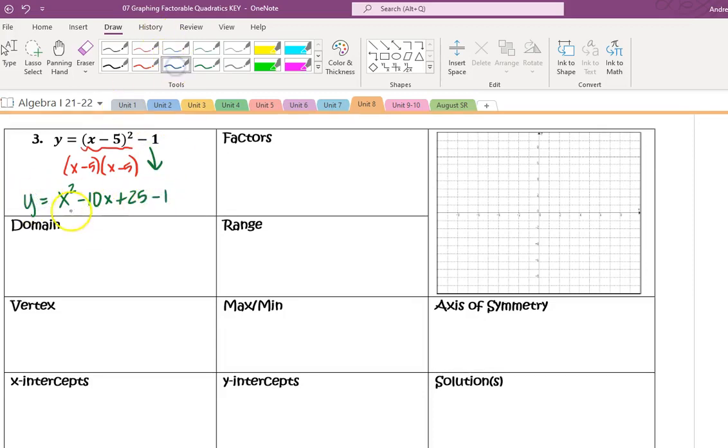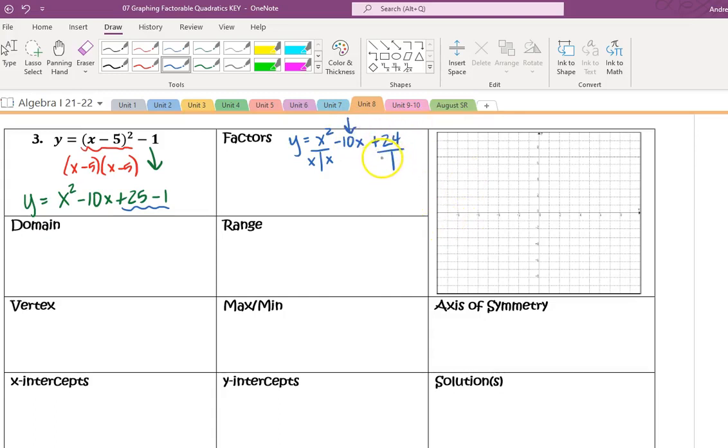Now if I want to factor this, I do need to combine these, and I'm going to write that over here. So I have x squared minus 10x plus 24, and this is what I would T-chart. So x and x, and then everything that equals 24, but remember it has to be a negative 10 when you add them up.